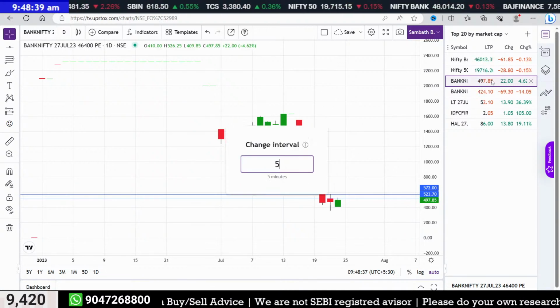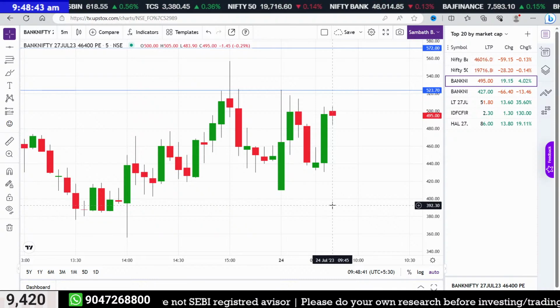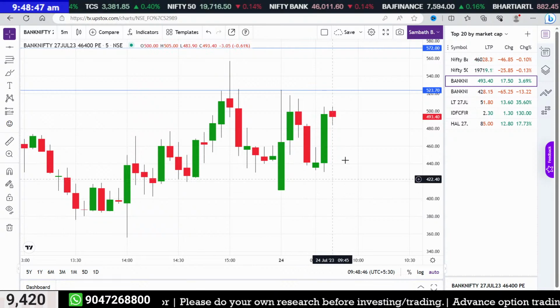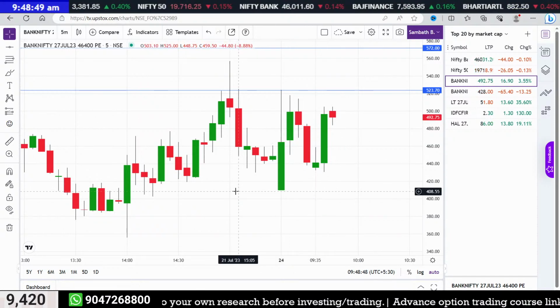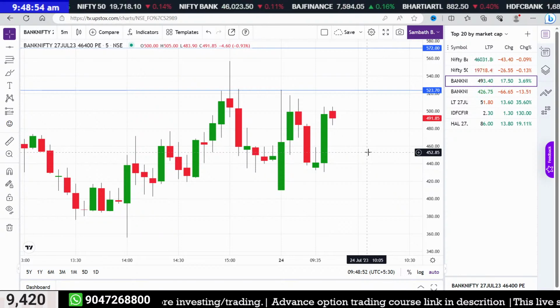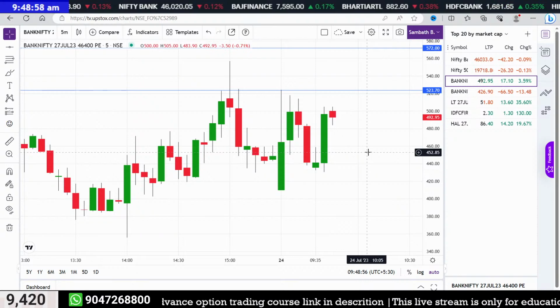I think this time this option will recover slightly. It is the Banknifty 46,400 put option, which slightly came to the top, and 523 above we will check whether it is going to cross above 572 on the daily time frame, and that should be one more opportunity for an upside move.